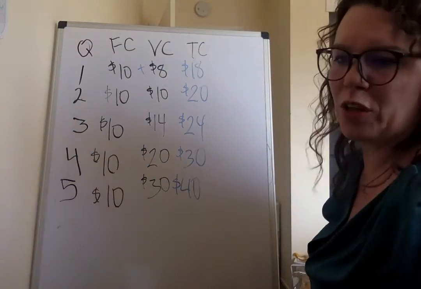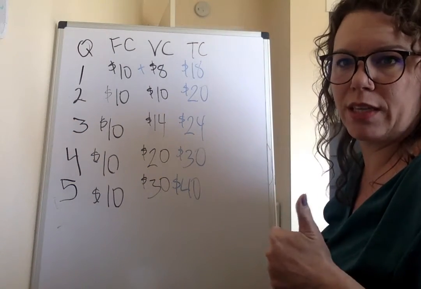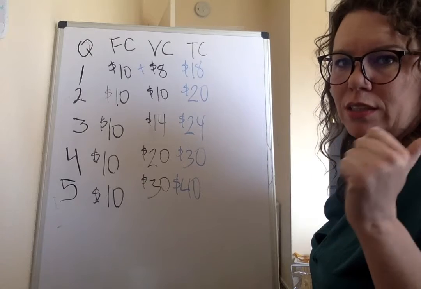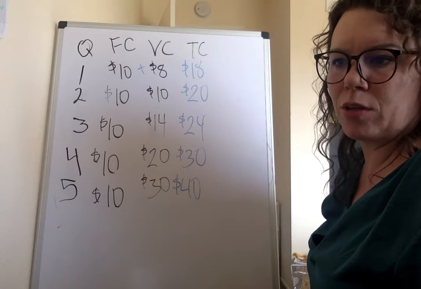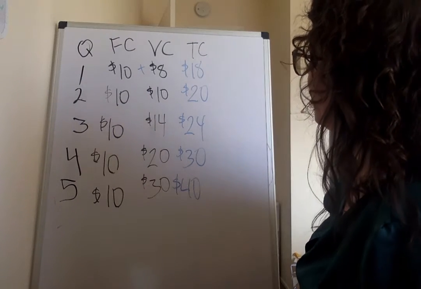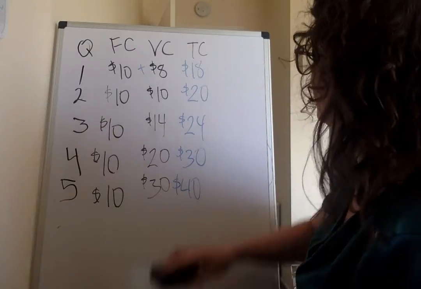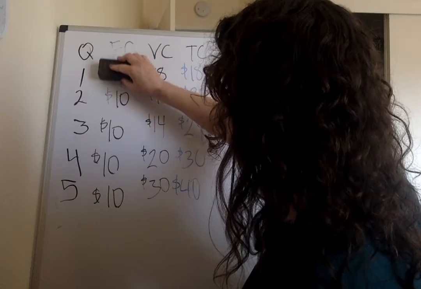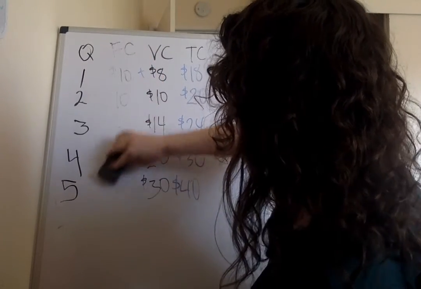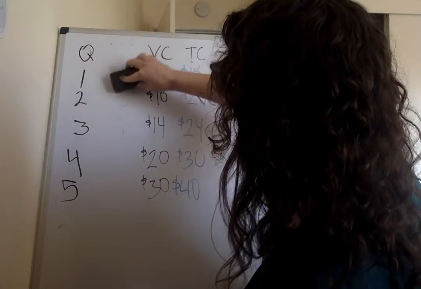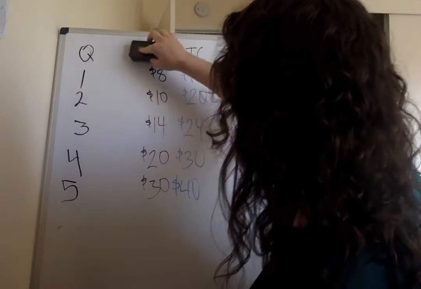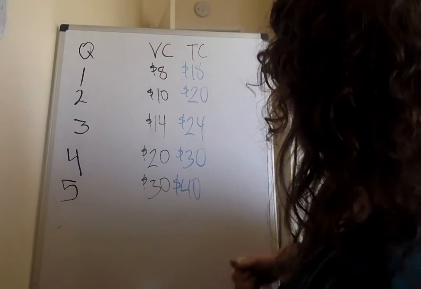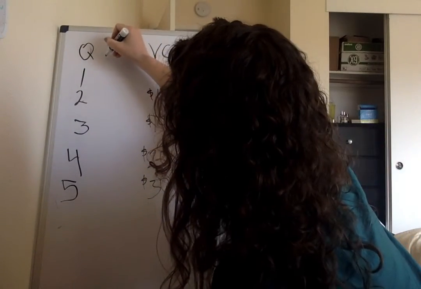Okay. So the next 3 things we want to calculate are average total cost, average variable cost, and marginal cost. And so I'm going to erase this one. We'll fill that in in a second. And I'm going to put average total cost here.